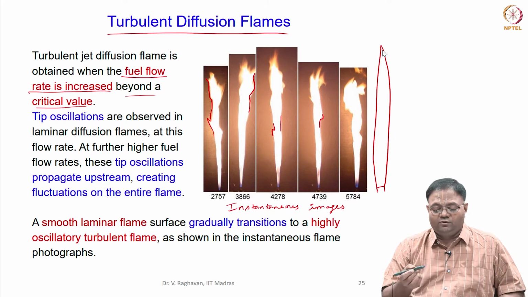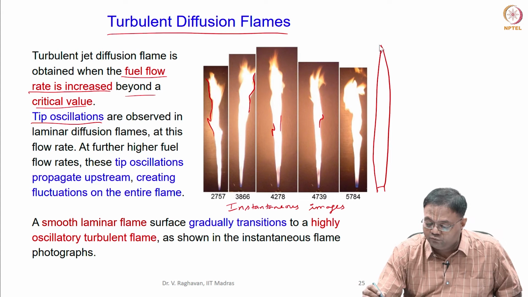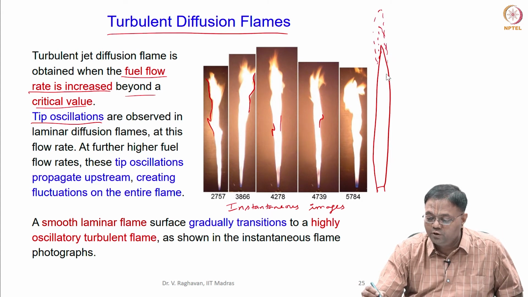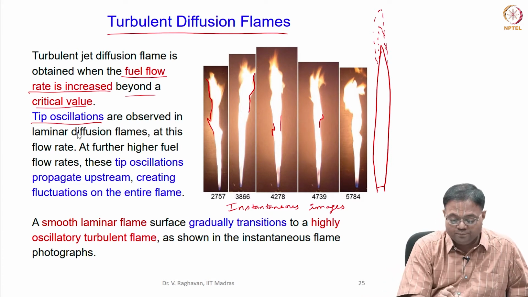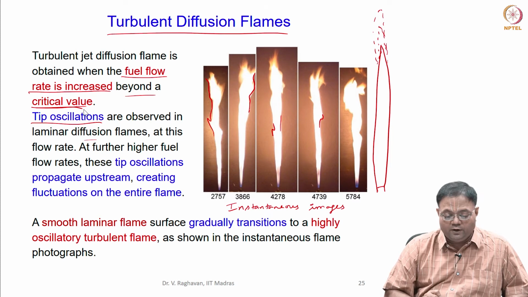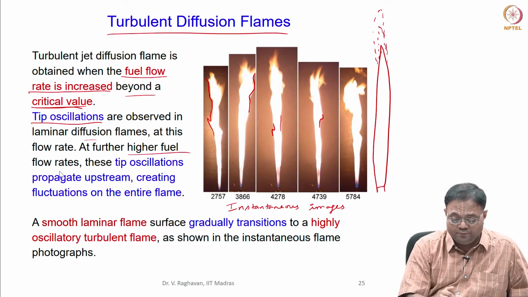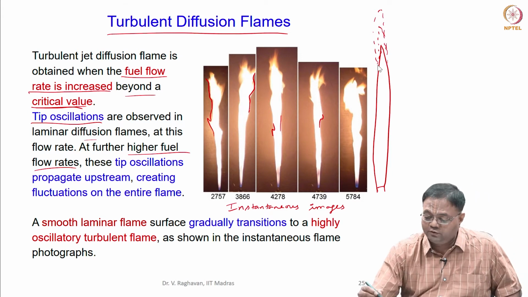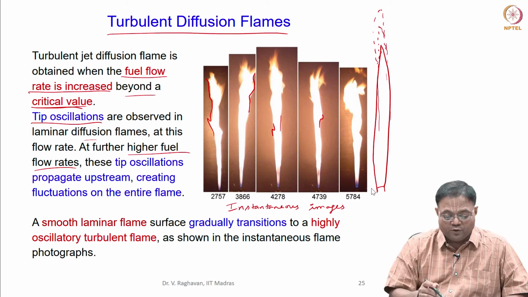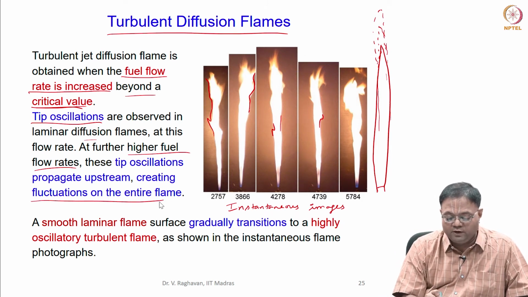Now, how it starts is, first we will see tip oscillations, only the tip portion will oscillate. The tip portion of the flame will oscillate when you cross this critical flow rate, and when you further increase the flow rate, the tip oscillation penetrates into the overall length, and finally fluctuations are seen in the entire flame.